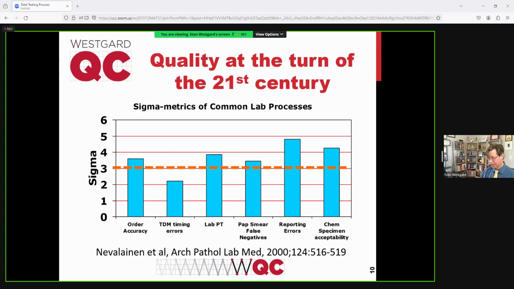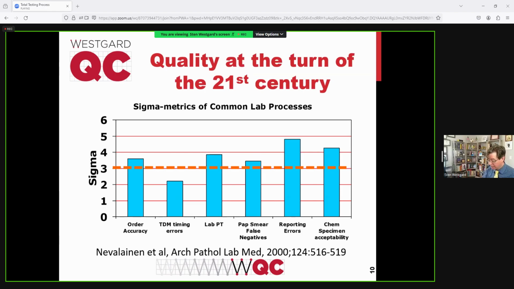So I suppose it was a moment where you could say we were crestfallen. Laboratories had a pretty good opinion of themselves, and if we asked a lab, are you Six Sigma? They said, well, maybe I'm 5 sigma, maybe some 4, but I'm very good. And we were off by a couple orders of magnitude.